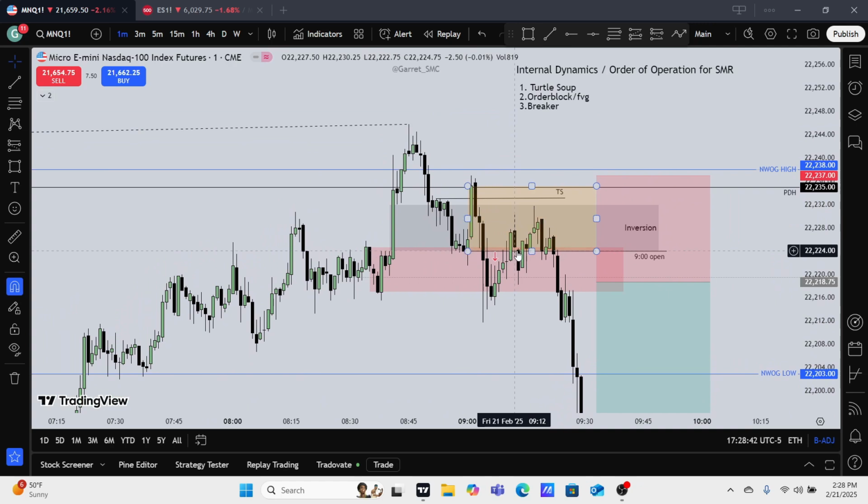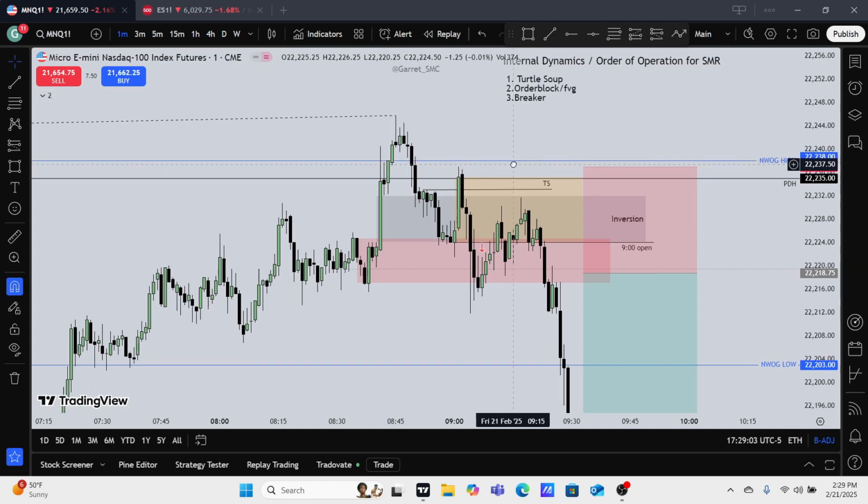Why? Because if price comes up above this high, that would mean 3 PD arrays are failing, right? This bearish breaker, this inversion fair value gap and this order block we have would all have to fail for price to run this high. So therefore that should be a protected high, and my stop loss was safe there.